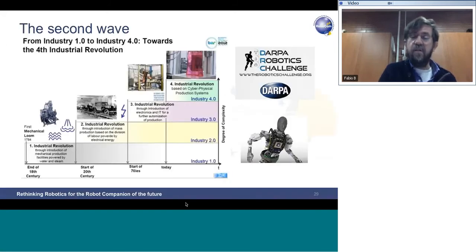An obvious consequence of this kind of second wave technology is the so-called Industry 4.0, from the German. Actually, it was initially introduced in Germany as Industry 4.0, but it's now commonly used.